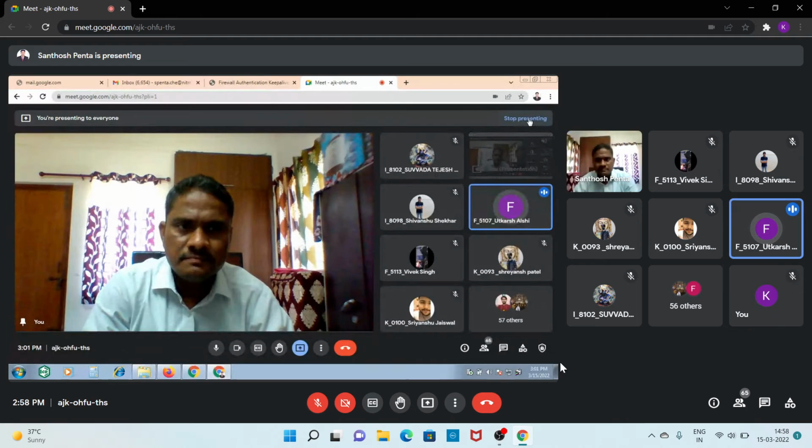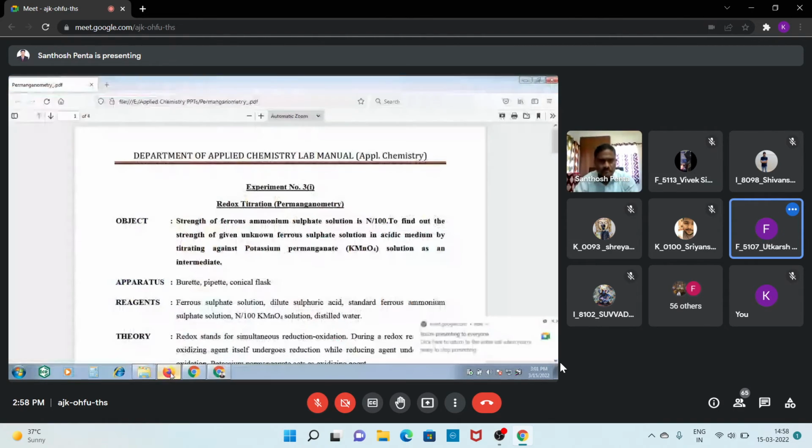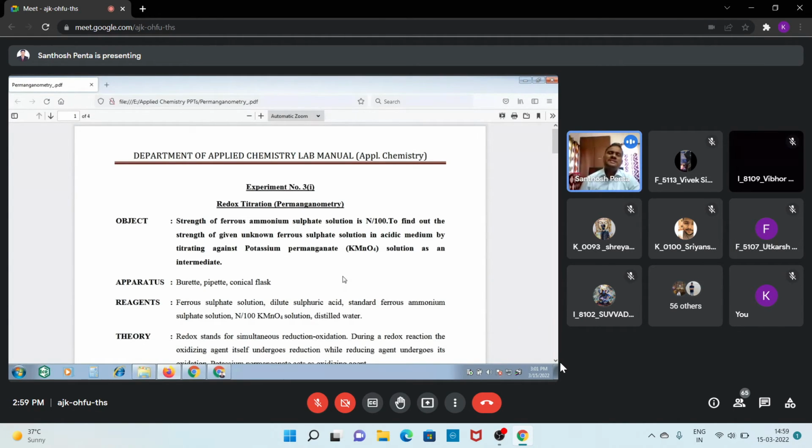In the objective which you just presented, the first line was written that the strength of the solution is N/100. But you showed the formula of strength as normality into equivalent weight. So how can we? See here, the strength of ferrous ammonium sulfate solution is N/100. That indicates that the normality of ferrous ammonium sulfate solution was given.